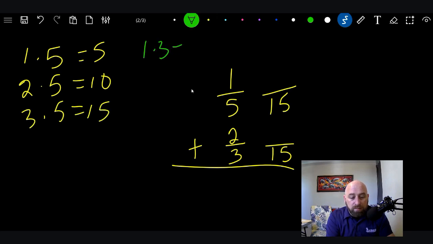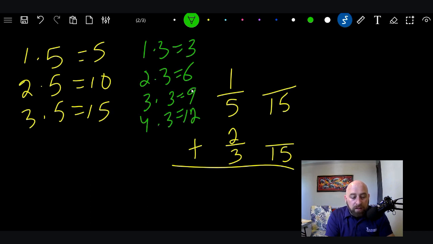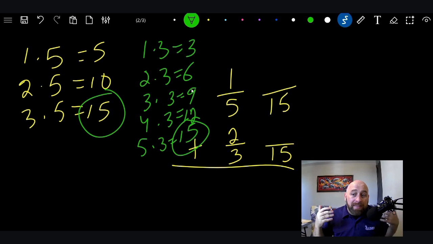1 times 3 is 3, 2 times 3 is 6, 3 times 3 is 9, 4 times 3 is 12, and then you get to 5 times 3 equals 15. When you get that matching one, you know, okay, that's my least common denominator right there. That's my LCM.